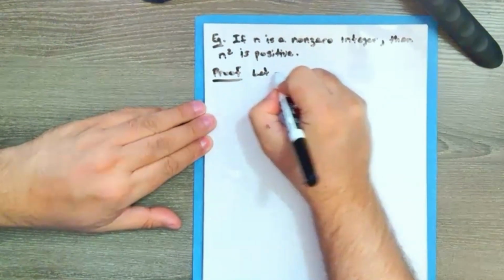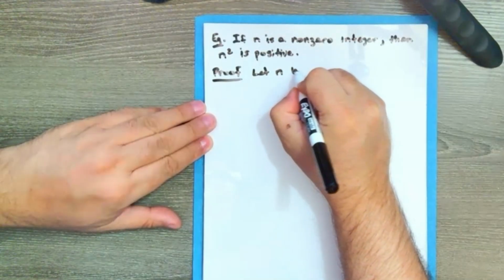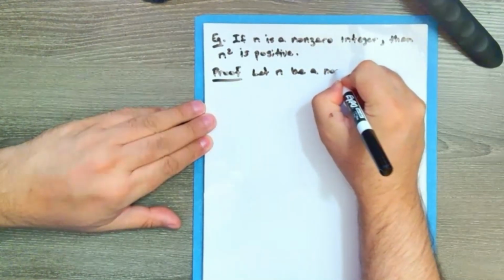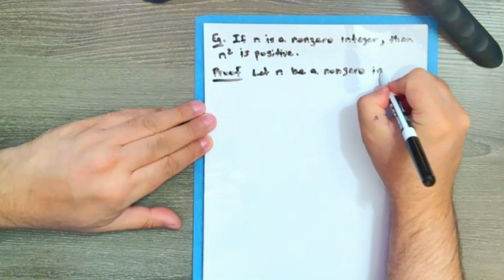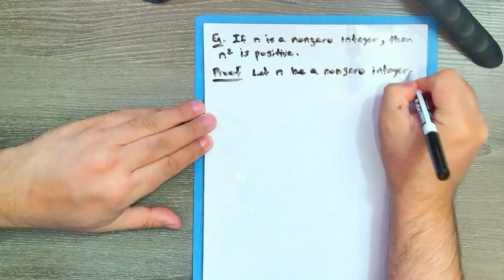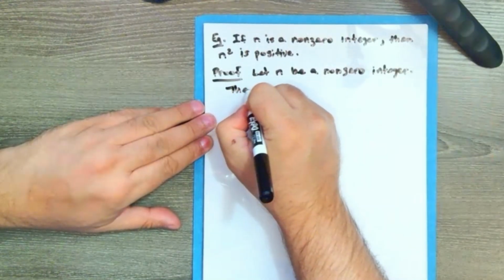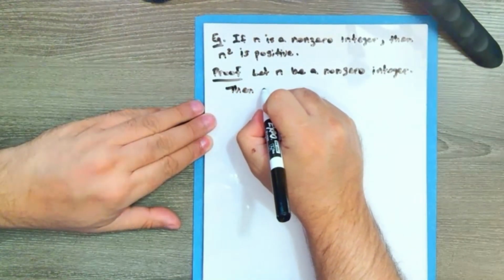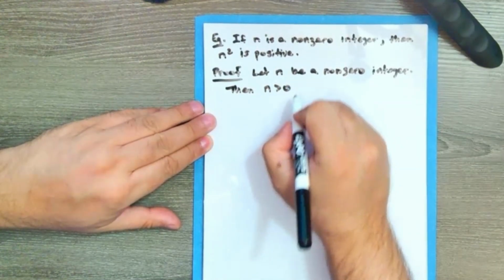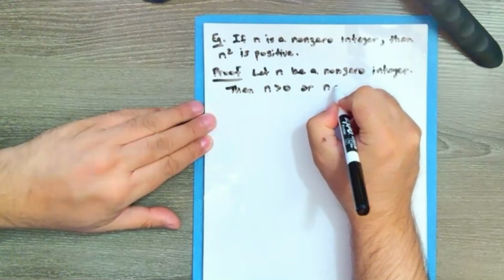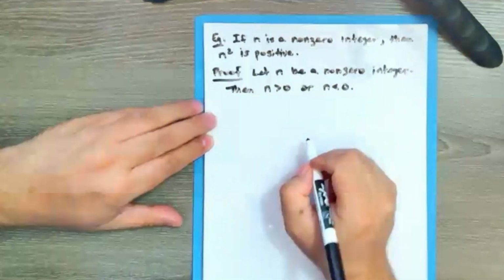So let n be a non-zero integer. Then this means that either n is itself positive or n is negative.